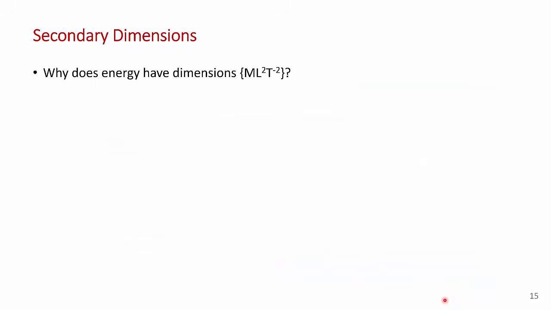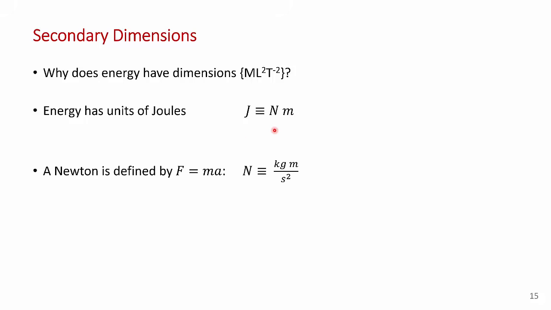Okay, so why does energy have the dimensions of M L squared T to the minus 2? Here's a quick explanation. A joule is a Newton meter, and by F equals ma, a Newton is equivalent to a kilogram meter per second squared.